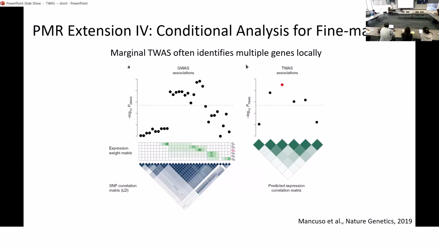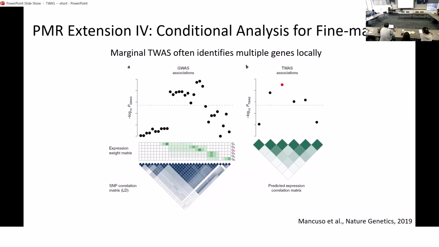In fact, if you simply run a standard TWAS analysis across, say, six different genes, you will see that if the truth is this red one, some of the nearby genes will also show relatively strong p-values compared with the others. This is analogous to GWAS association analysis. In GWAS, if you just do a marginal analysis, you're going to see a lot of signals in the middle part nearby the truly causal SNPs.